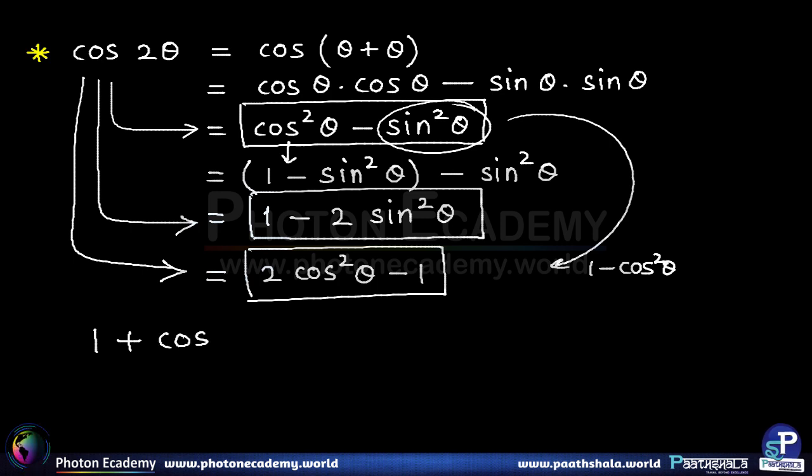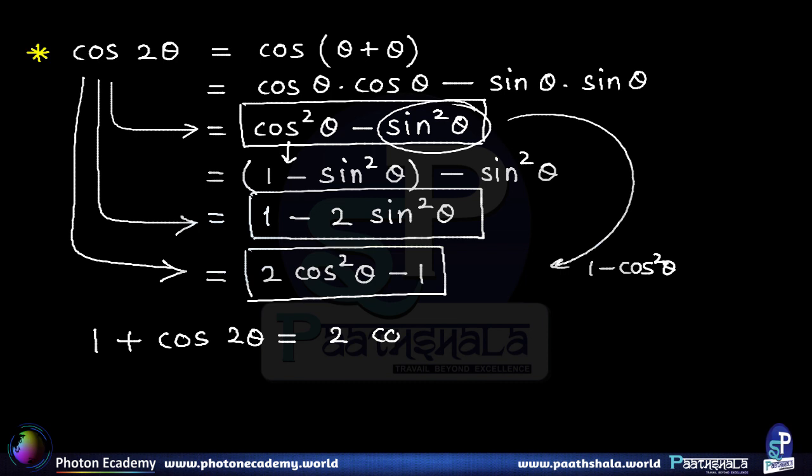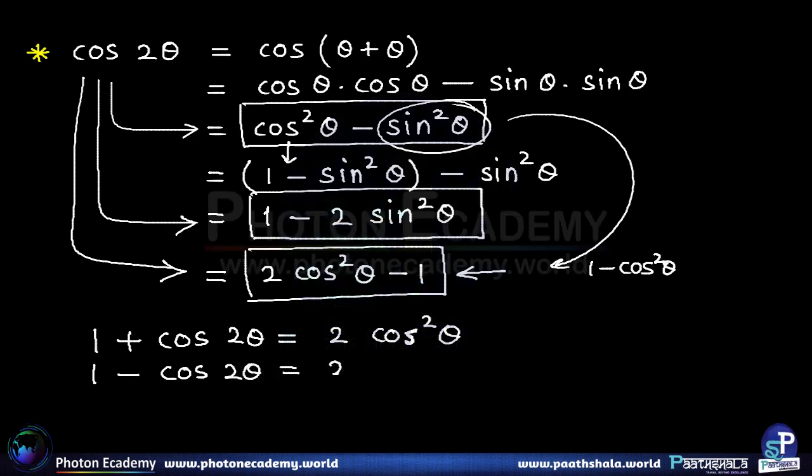That is, 1 plus cos 2 theta is nothing but 2 cos square theta, which comes from rearranging the terms of 2 cos square theta minus 1 merely. And if we have 1 minus cos 2 theta, that turns out to be 2 sin square of theta. Again, this form is very useful and is often used in many examples later on.